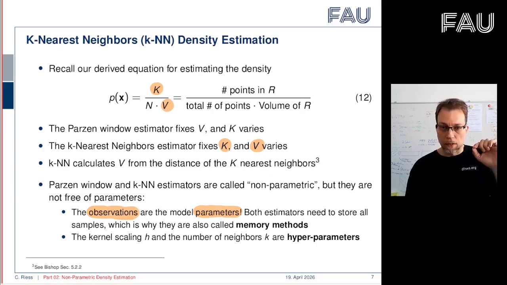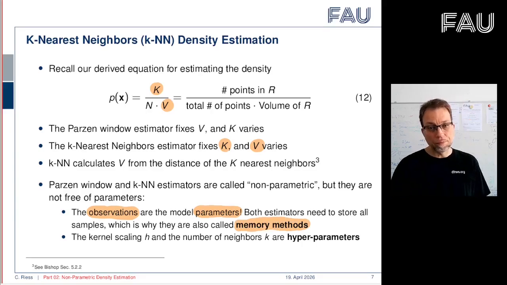This is why they are also called memory methods, because they need to memorize all data. This is a bit of a minus point in many applications. On the other hand, you get a very nice local estimate ad hoc.